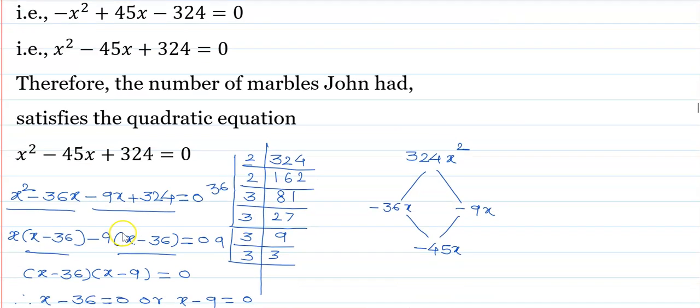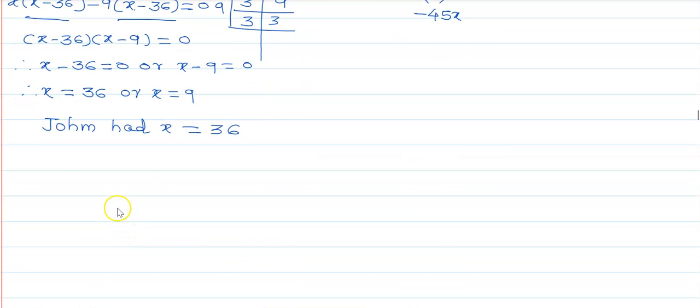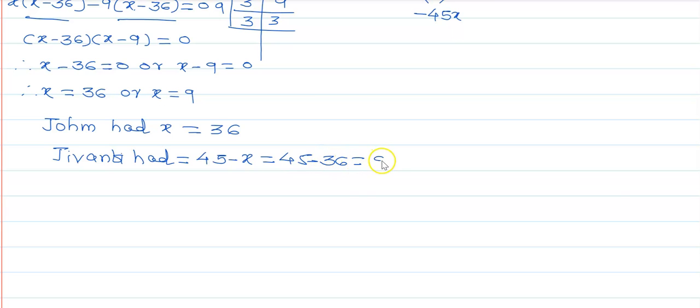Jivanti had 45 minus x, and that equals 45 minus 36, which is 9.